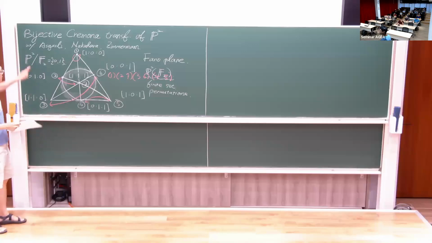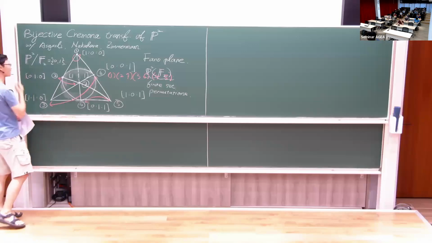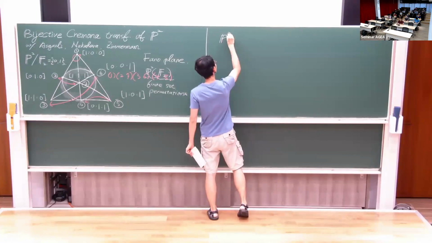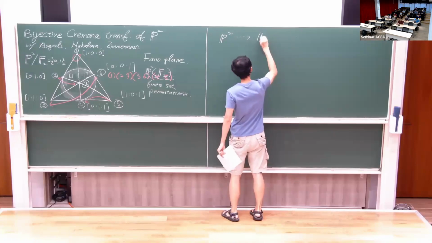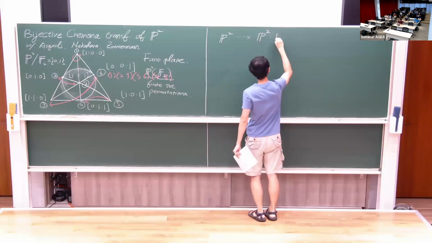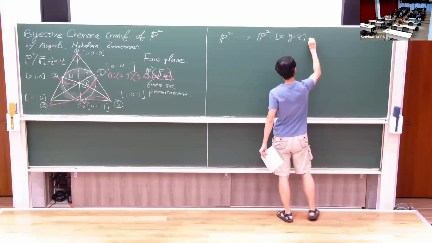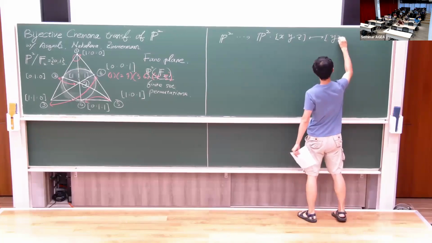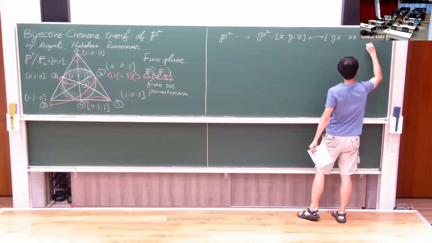So given P2, this is a projective space. On P2, we can consider polynomials. For example, we can consider a map defined by polynomials like this one, which maps x, y, z to yz, xz, and xy.